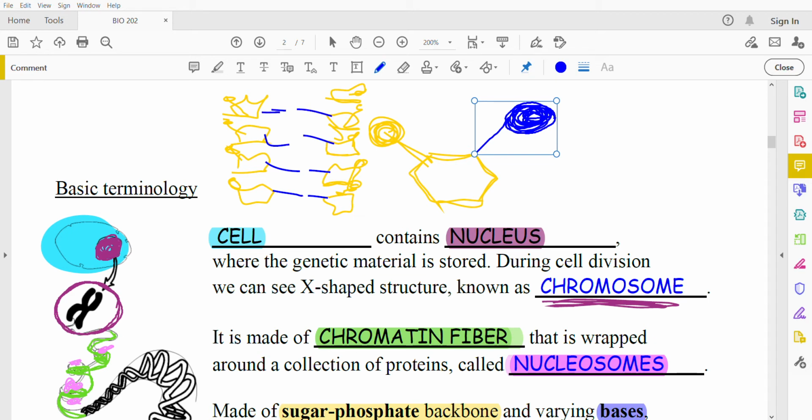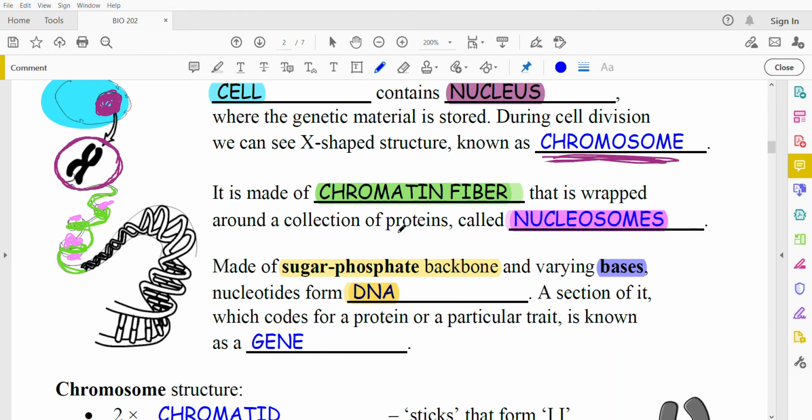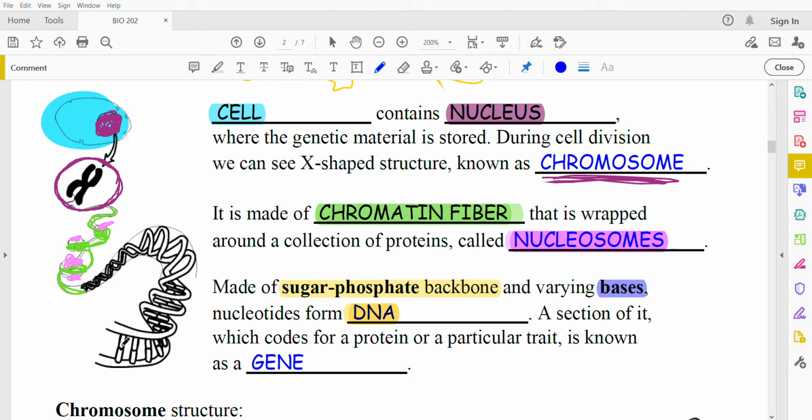This is what we are seeing here on this diagram. These ones here would be the bases, and the two sides, the two backbones, which we looked at, were made of sugar and phosphate.